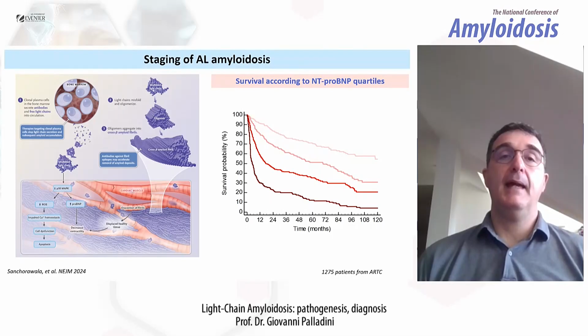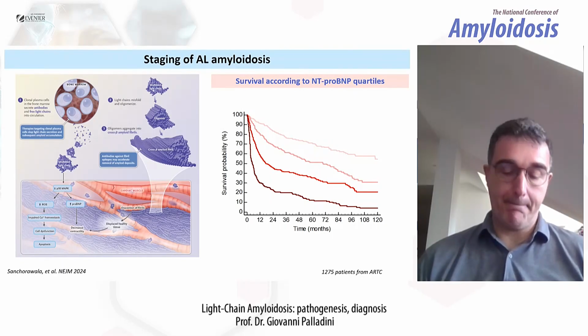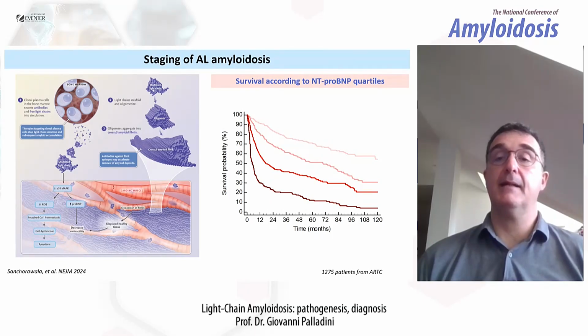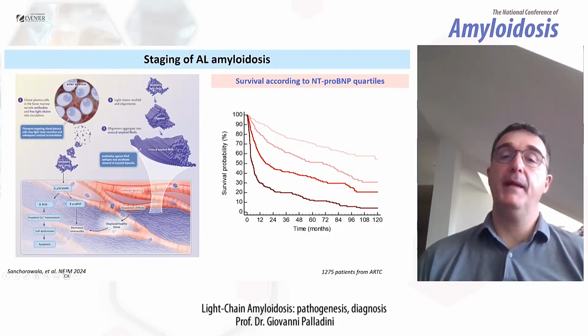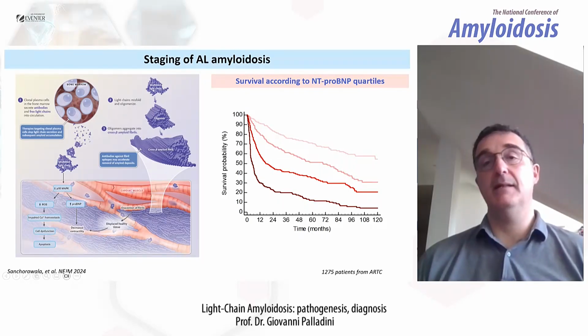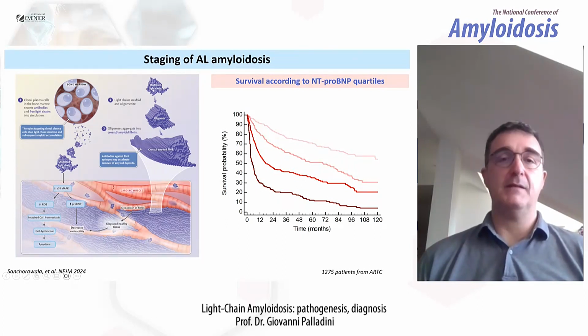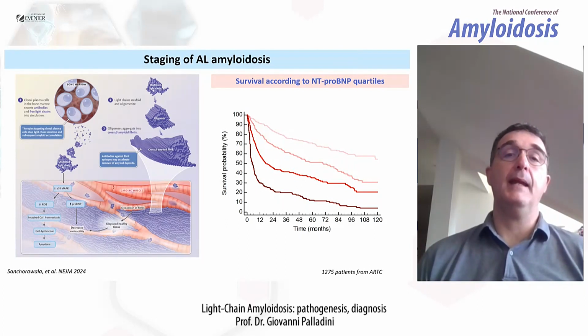So in AL amyloidosis, NT-proBNP is a stronger, more important marker of heart dysfunction than in other cardiac diseases. And just dividing our patient populations based on quartiles of the level of NT-proBNP, you can achieve this very nice discrimination of survival.